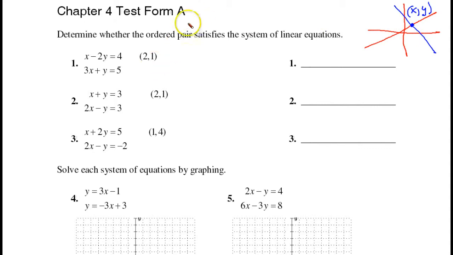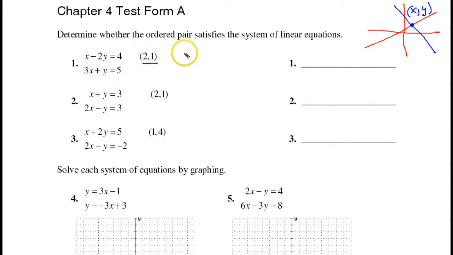But to start us off, what they want us to do over here is to see if in fact this is a point that would solve each of these equations.